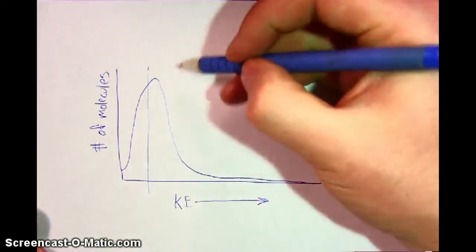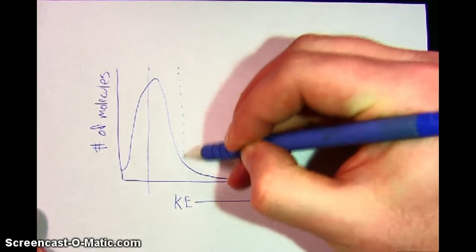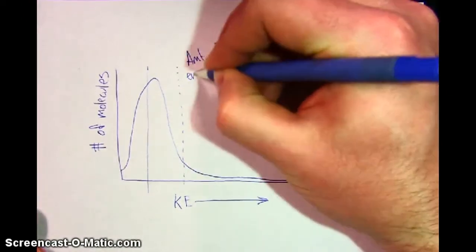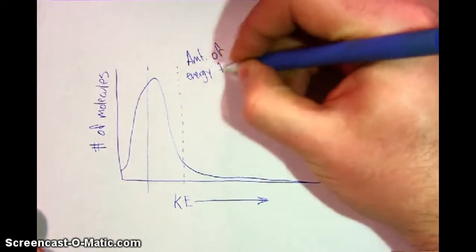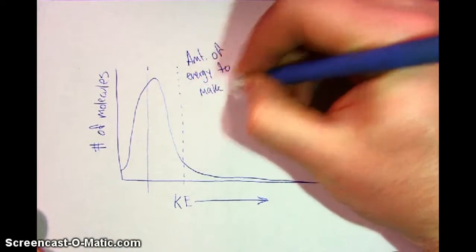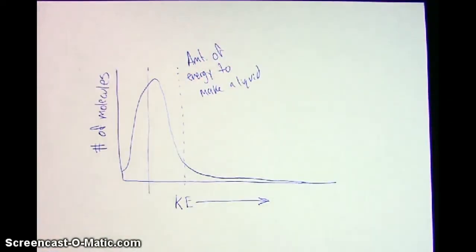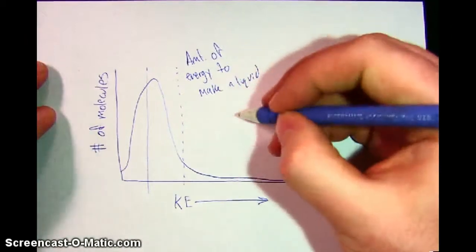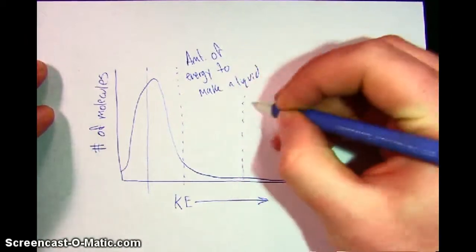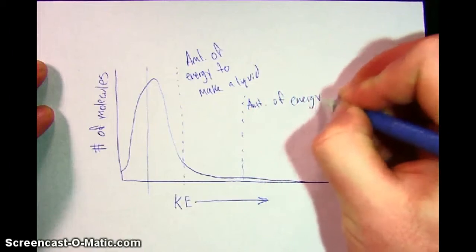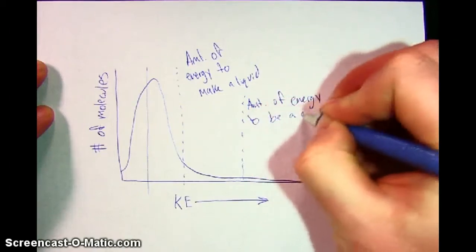Well, let's say that this represents the amount of energy in order to make a liquid. And this represents the amount of energy to be a gas.